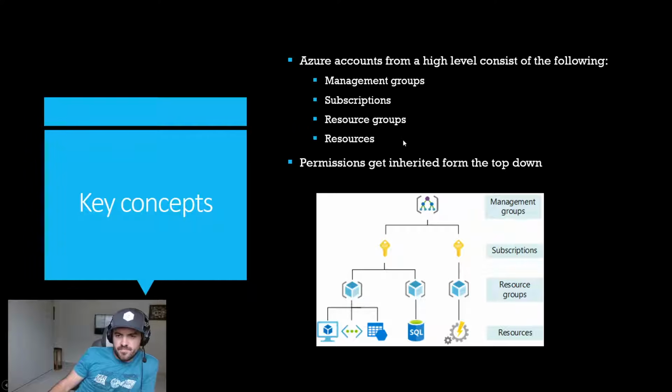So if you have permissions on this subscription, they're going to be inherited by both resource groups. But if you have just some permissions on this resource group, applying to the SQL server, those permissions won't necessarily also apply to this resource group over here that has a few different resources in it.